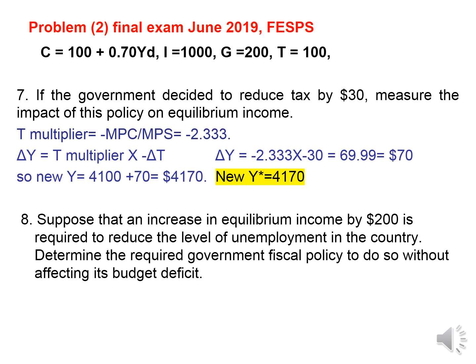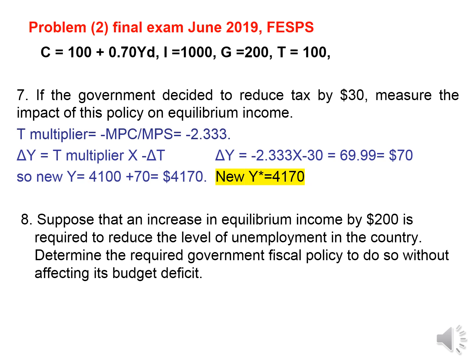Okay. Let's assume that an increase in equilibrium income by $200 is required to reduce the level of unemployment in the country. Determine the required government fiscal policy to do so without affecting its budget deficit. What did you understand from this sentence? Without affecting its budget deficit. So you want to increase Y by fiscal policy without any increase in the budget deficit.